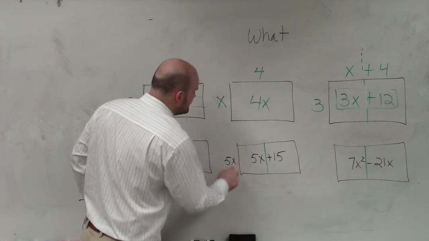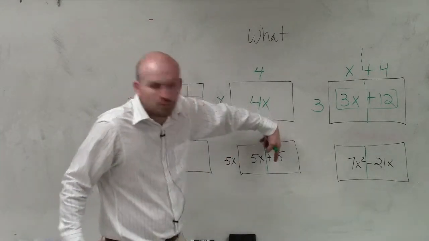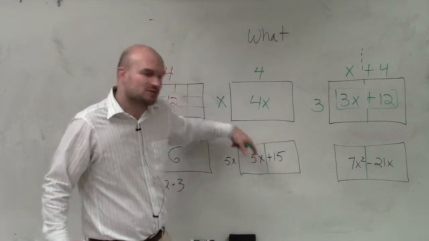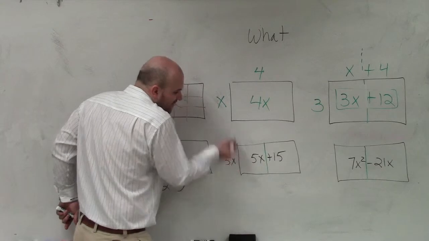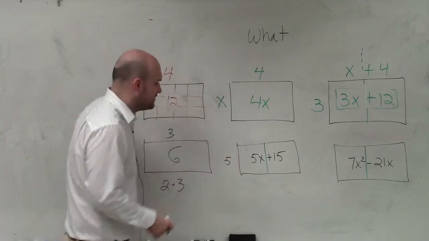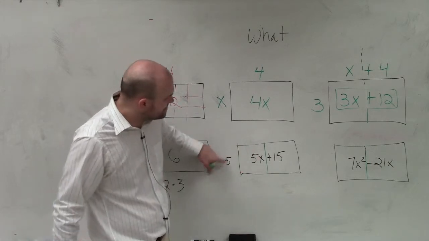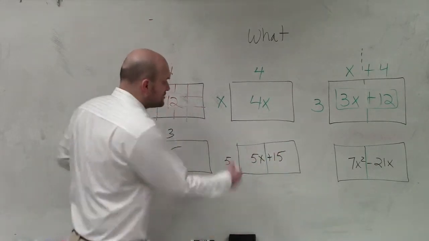But the problem is if you just say 5x, then 5x times what gives you 15? The thing is, x is not shared across both terms. So the width or the height of this box can only be 5. Because can you multiply 5 to give you 5x? Yes. Can you multiply a number times 5 to give you 15? Yes. So what are those numbers?